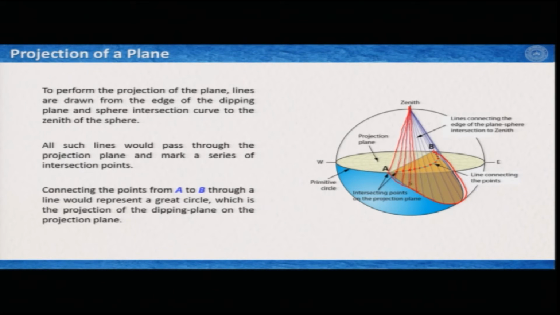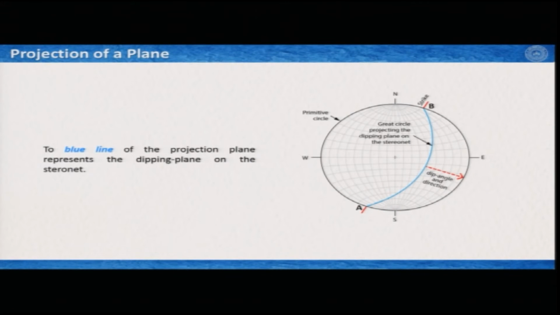Now, it is possible to connect all the points from A to B by a curved line. This curved line is actually the projection of the dipping plane on the projection plane. So, if we now see the projection plane only, it appears something like this.